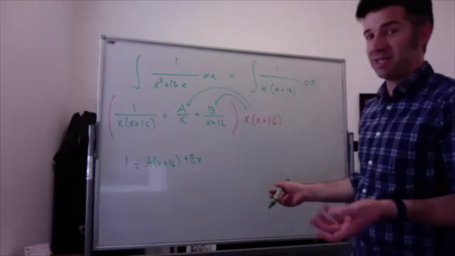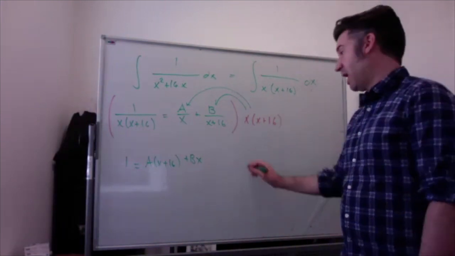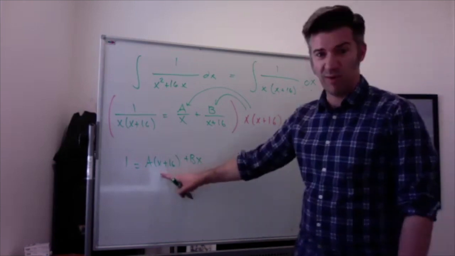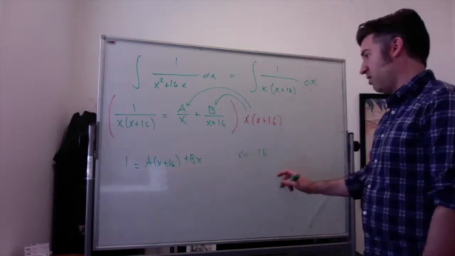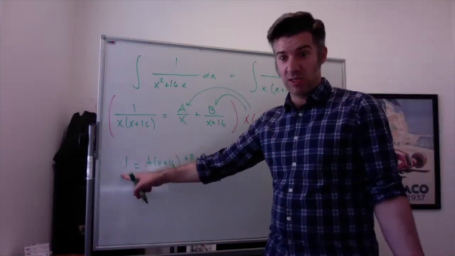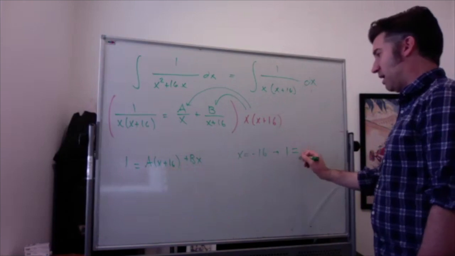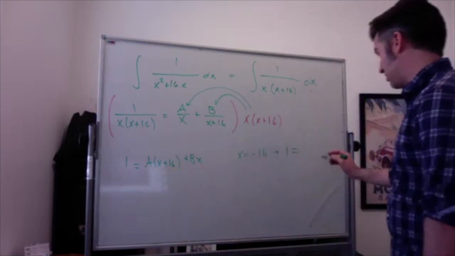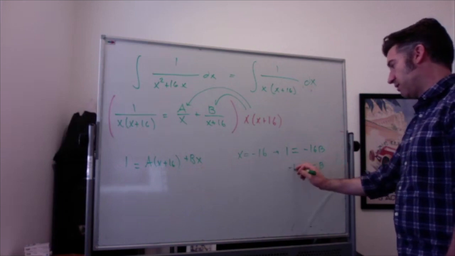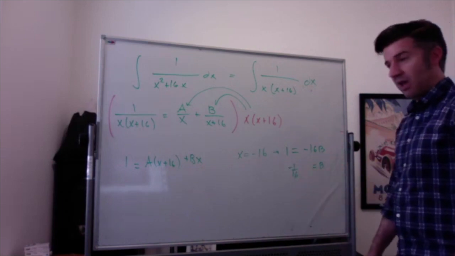Specifically, I'm going to pick some convenient values of x. I'm going to pick x equal to negative 16, because that makes this part 0. And then I can see that, oh, if x is negative 16, well, I still have 1 on the left, right? Nothing has changed on the left. And I have b times negative 16 on the right. So b is equal to negative 1/16. And then I can do the same thing.